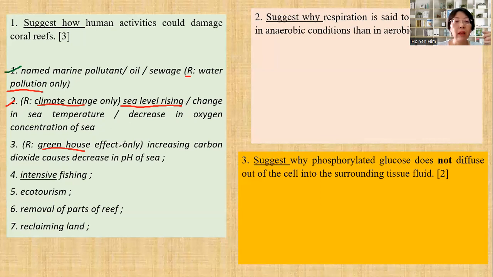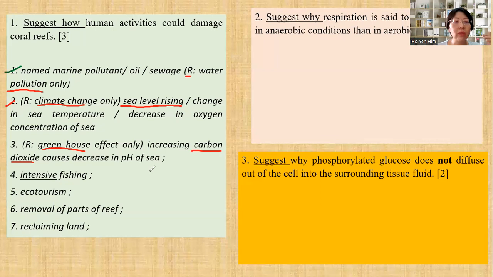Greenhouse effect means there is an increase in temperature. Why? Because of a lot of CO2. Why? Because of fossil fuel combustion. A lot of CO2 released to the air traps the heat, so the whole globe warms up and causes the icebergs to melt. So the sea level increases.